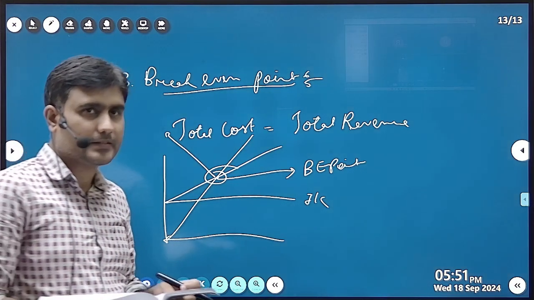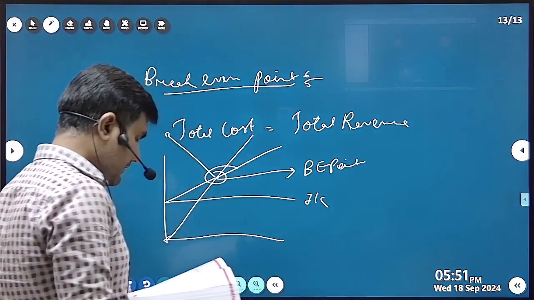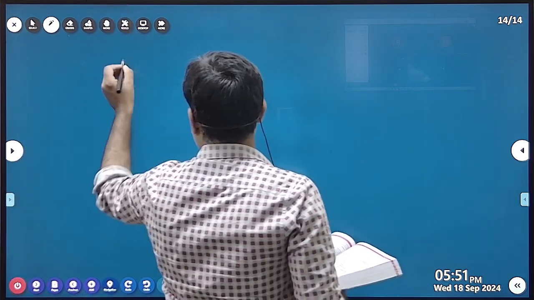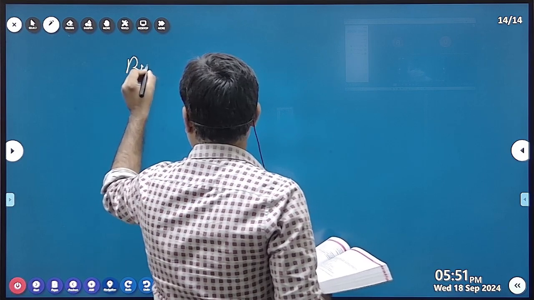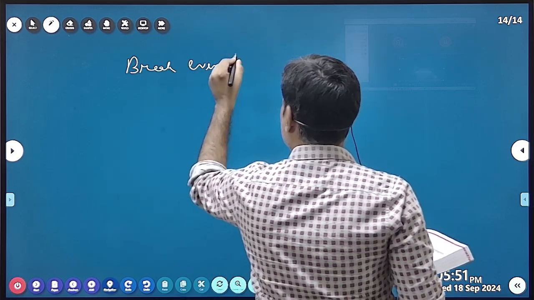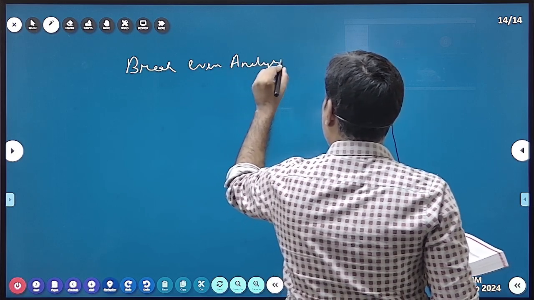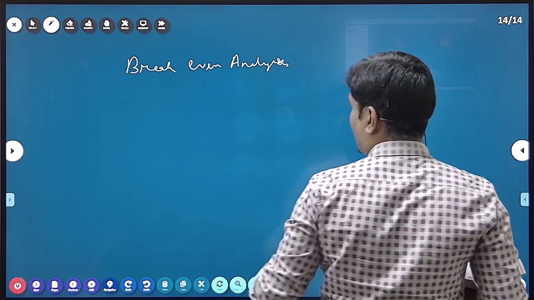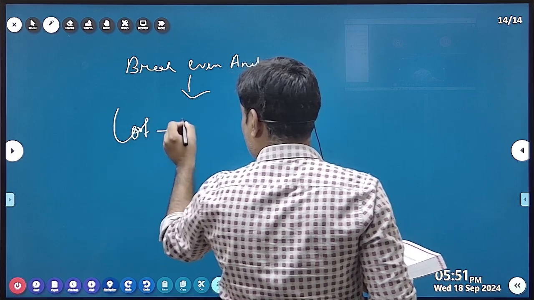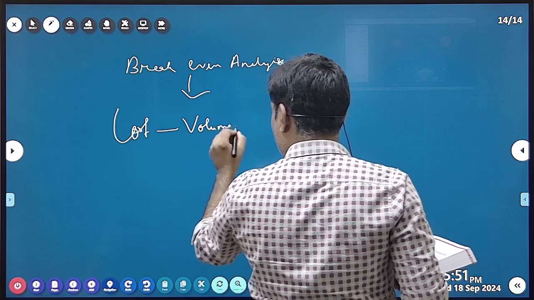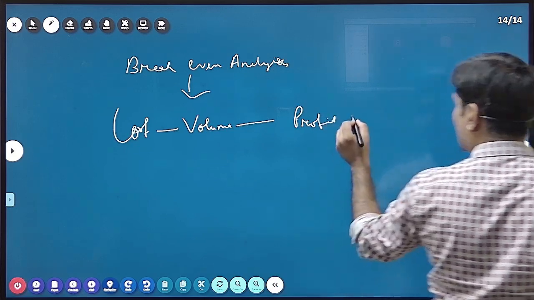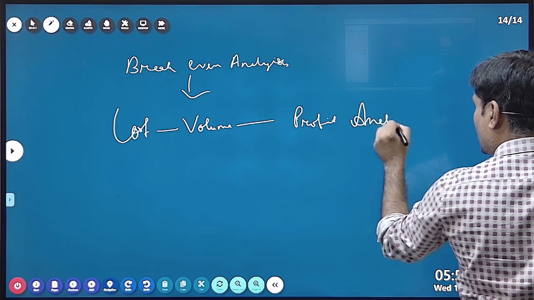The next point is break even analysis, which is also known as cost volume profit analysis.